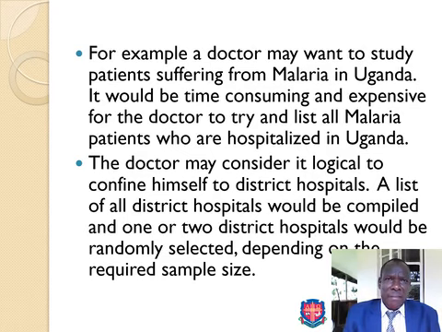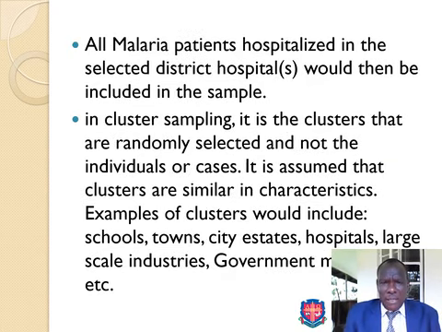You can take 5 hospitals, you can take 4, depending on what you consider to be adequate. Then all malaria patients hospitalized in the selected district hospitals would be included in the sample.